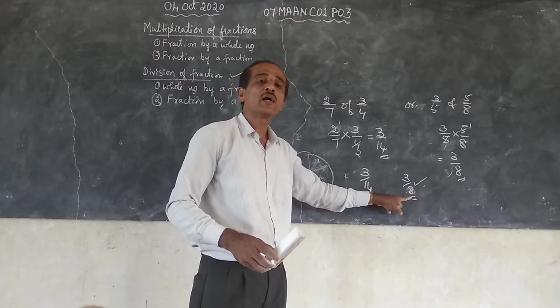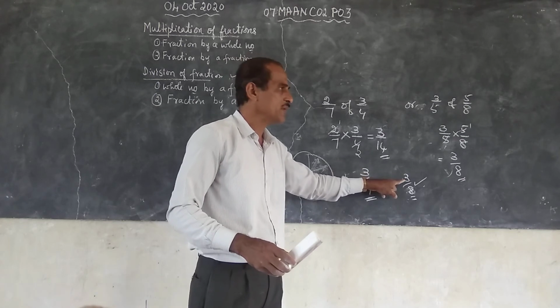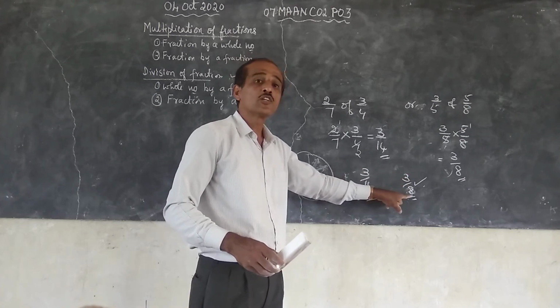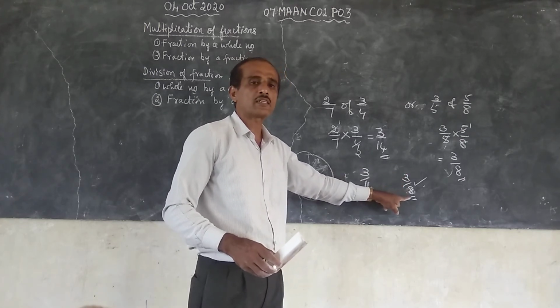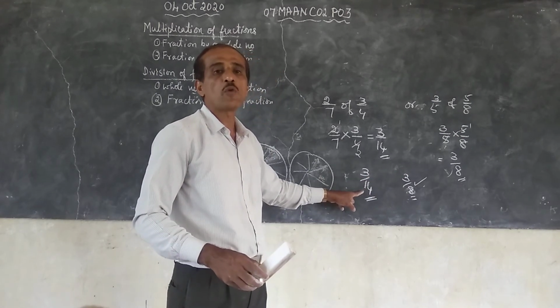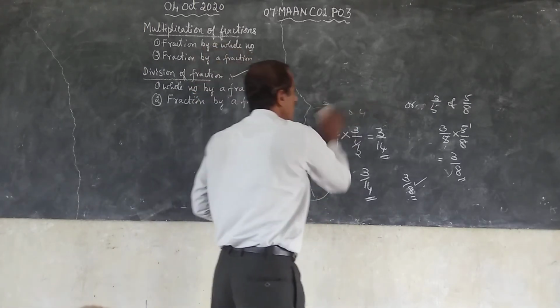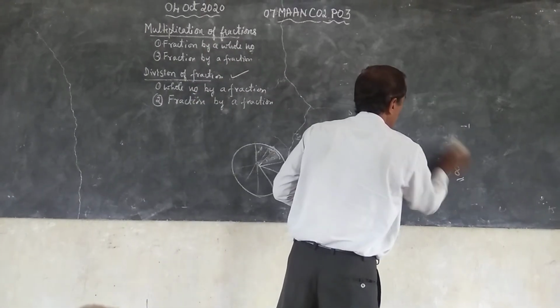the denominator having the smaller number is the bigger fraction. If the numerators are same, the smaller denominator is the bigger fraction, and the bigger denominator is the smaller fraction. Remember all this. But how to identify if the denominators are same?